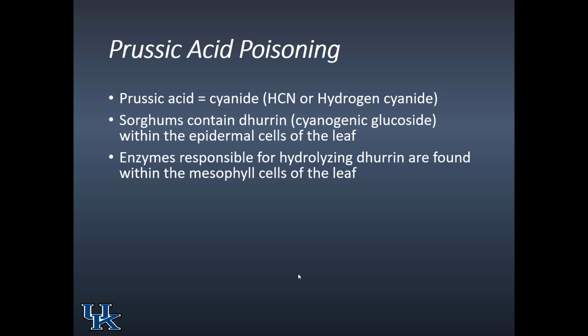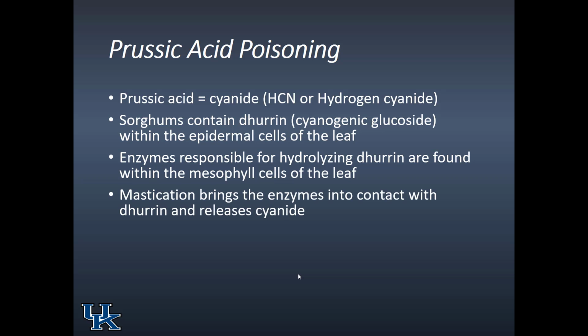So an ordinary intact leaf has the potential to make prussic acid, but it is not going to do so as long as it is intact. When we chew those leaves or masticate them, it brings the enzymes into contact with dhurrin and it releases cyanide.